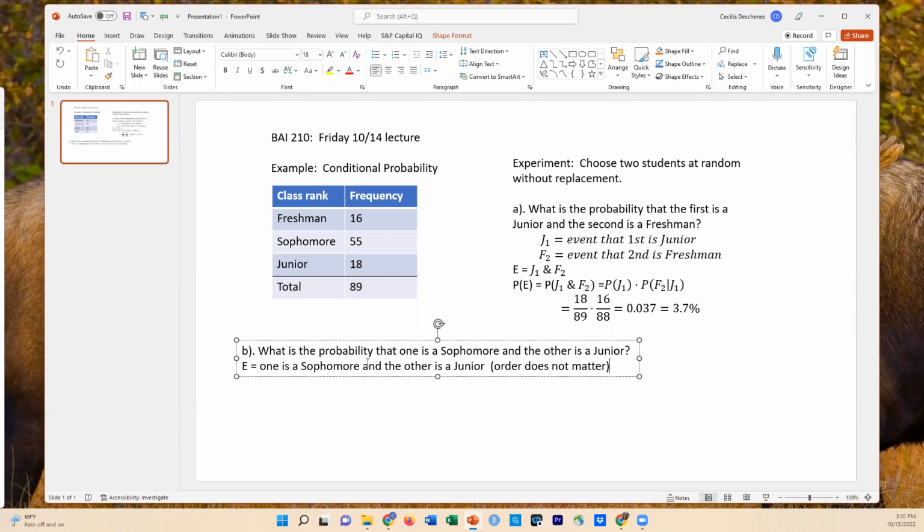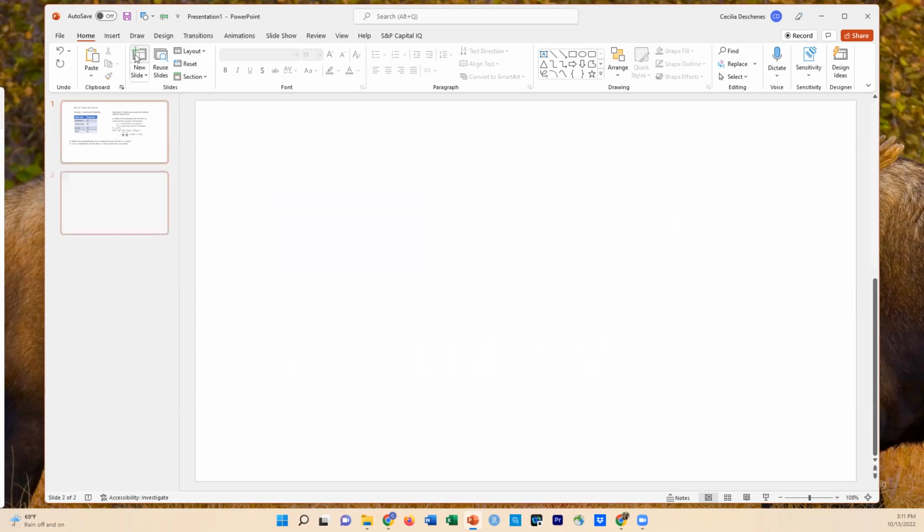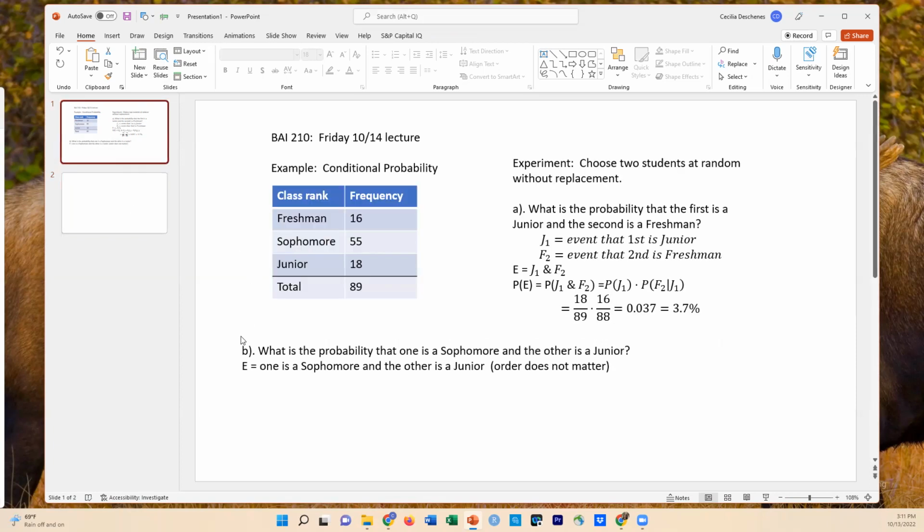Okay, so what we want to do is count how this can happen. And a good way to do this is through something called a tree diagram. So actually, let's go ahead and get a new slide and move this question over.